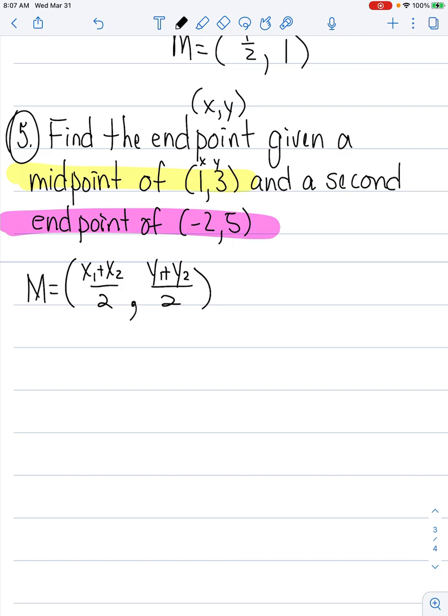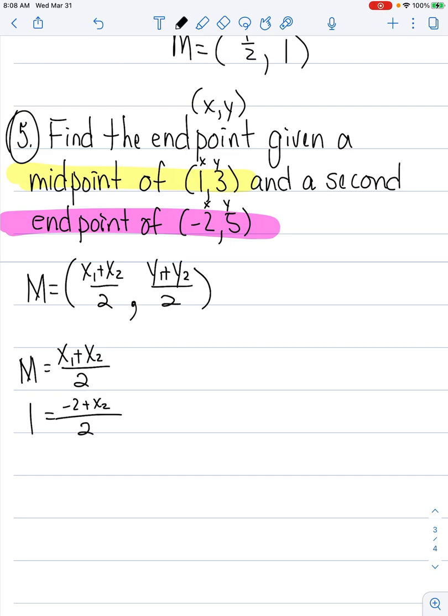But I need to find my x, so I'm going to pull out my x portion of my formula and use the other endpoint and the midpoint. So watch this. What is the x value of my midpoint? It's 1, okay? What is the x value of my endpoint that it gave me? It's -2.